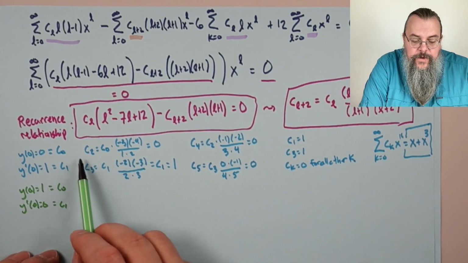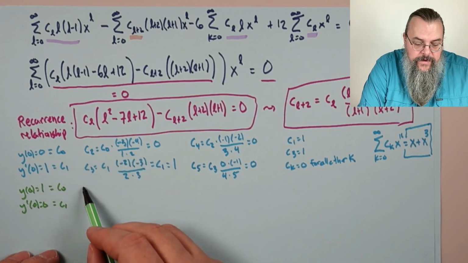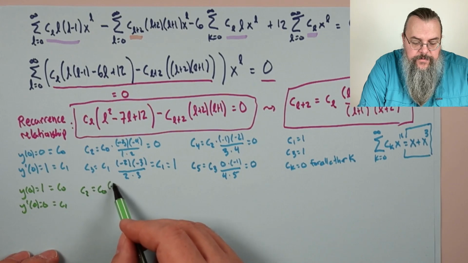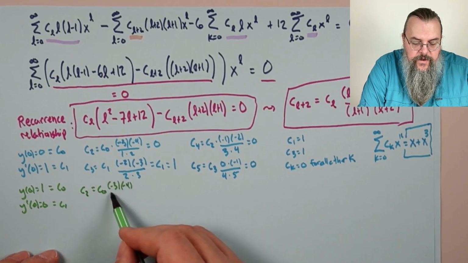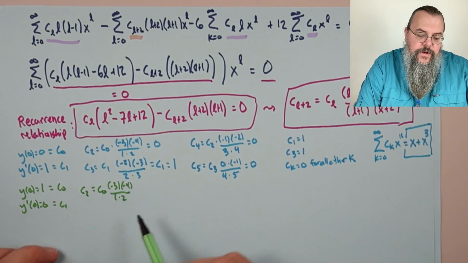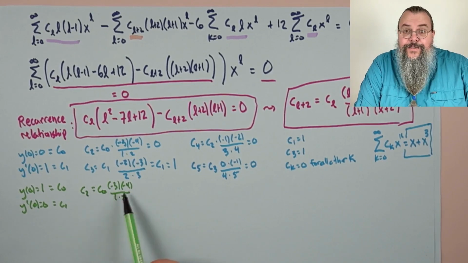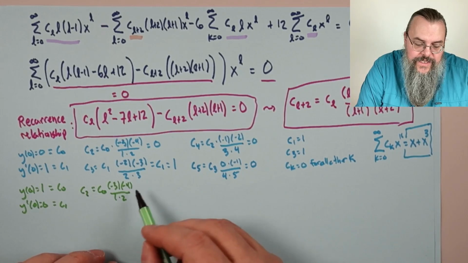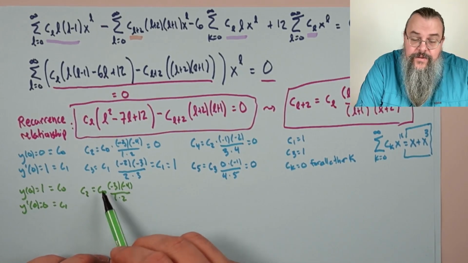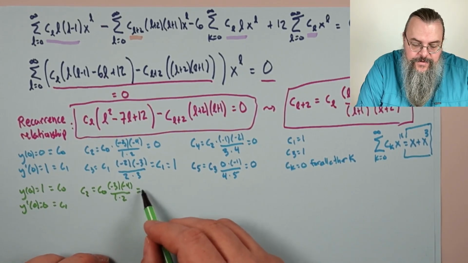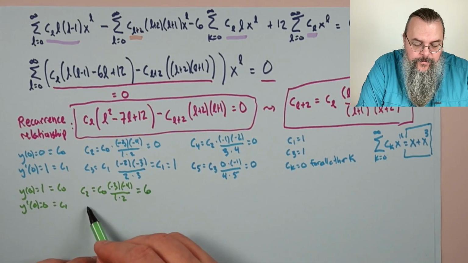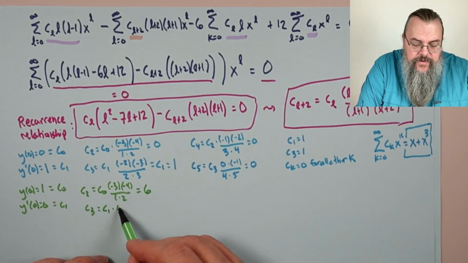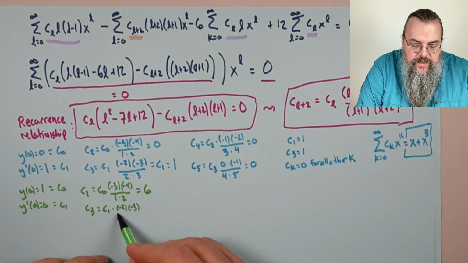Now I can just read off here. What do we have? c_2, well, that's c_0 times minus 3 times minus 4 over 1 times 2. Well, okay, the minuses cancel. 3 times 4 is 12, divided by 2 is 6. So that's 6 times c_0, which is 6. c_3, well, it's c_1 times stuff, but we're going to use the same idea.